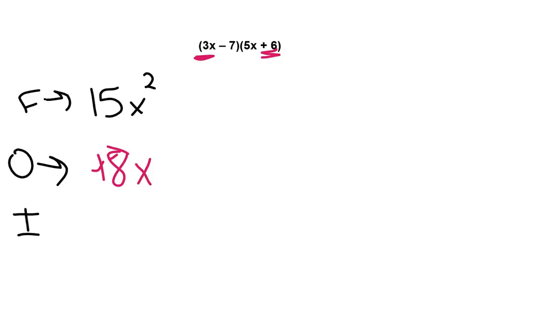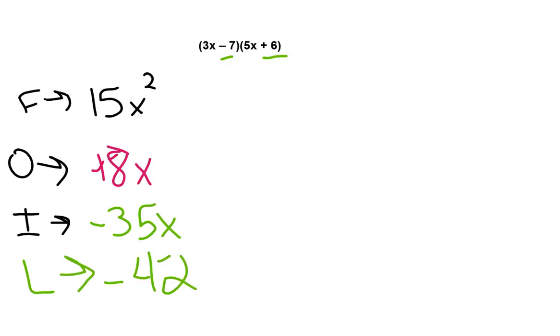My inside terms is going to be negative 7 and 5x. So I'll multiply negative 7 times 5, get negative 35x. And my last terms would be negative 7, positive 6. That gives me a negative 42.